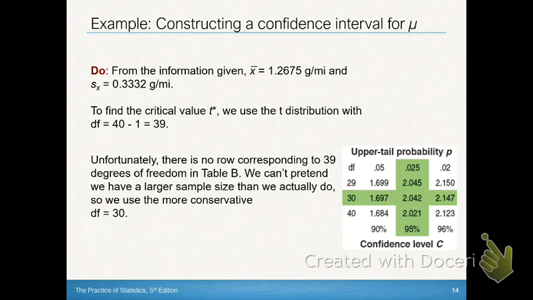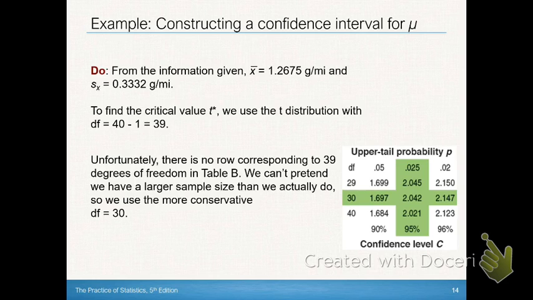Next, we'll finally construct our interval. So we're using the given mean of 1.2675 and standard deviation of 0.3332, and we're going to use our degrees of freedom, which is the sample size minus 1. So 40 minus 1 is 39.